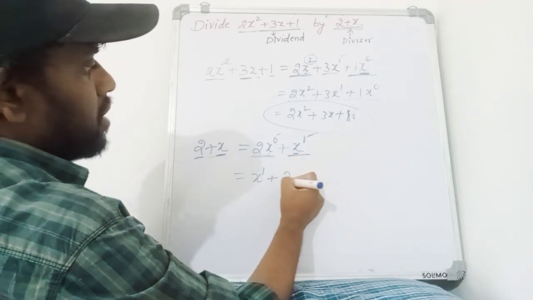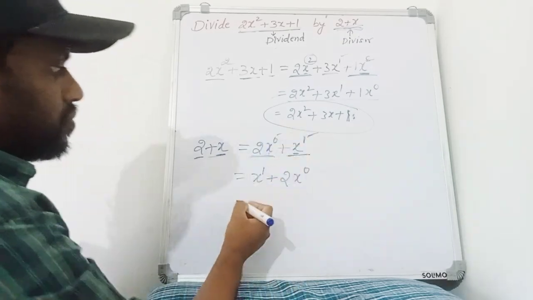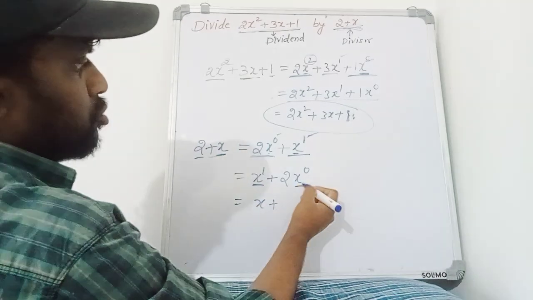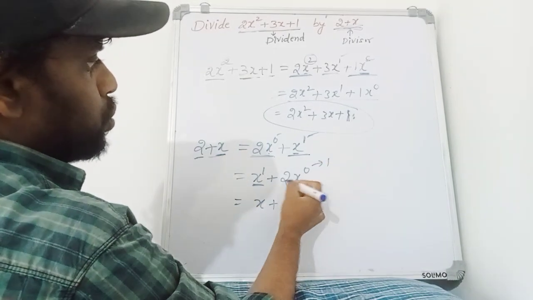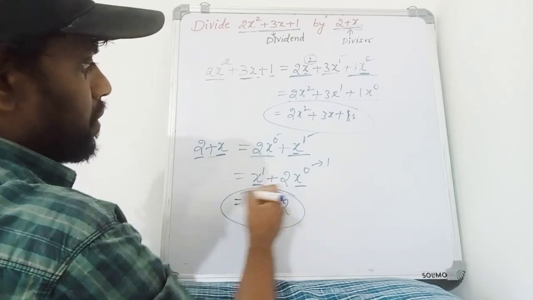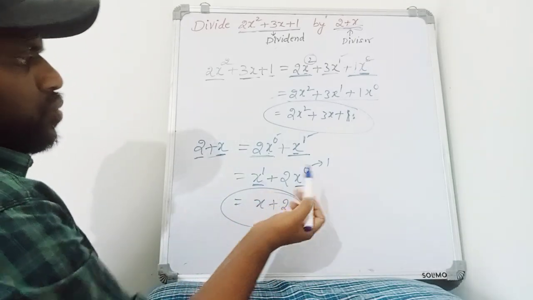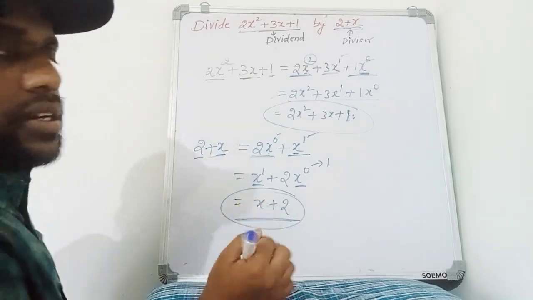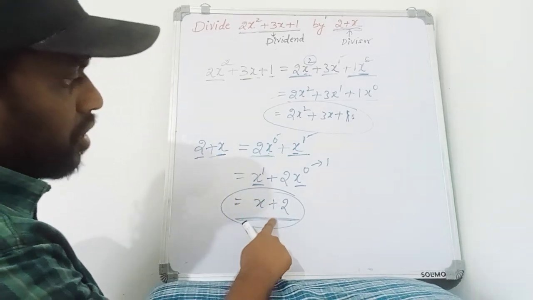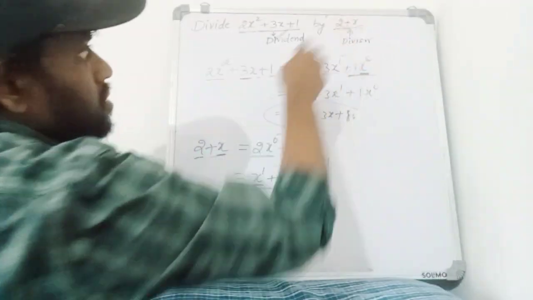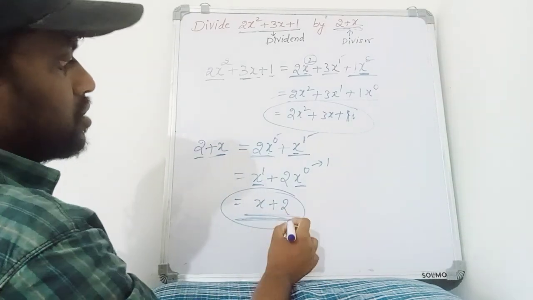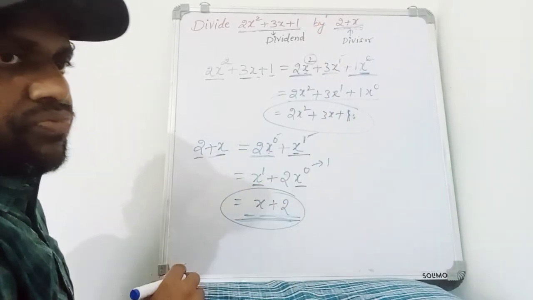So take this entire thing, 2 into x to the power of 0. But x to the power of 1 is equal to x only, plus this x to the power of 0 is equal to 1, so 2 into 1, 2 only we will get. I have written x to the power of 1 and x to the power of 0 only to make you understand. So we have written this polynomial 2 plus x in the decreasing order of powers of x, and that time 2 plus x becomes x plus 2.